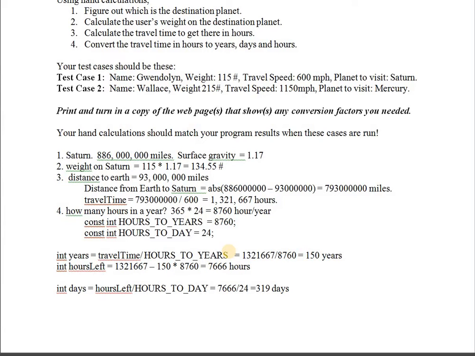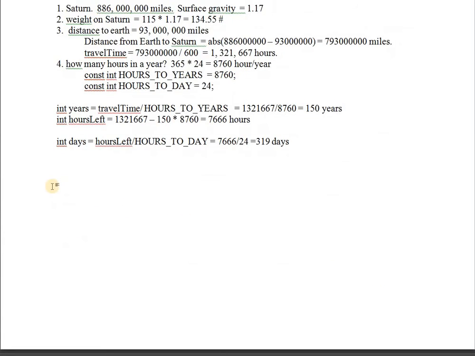Okay, so far we're going to be gone 150 years, 319 days, and once again we need to calculate how many hours are left so that can be the last piece.